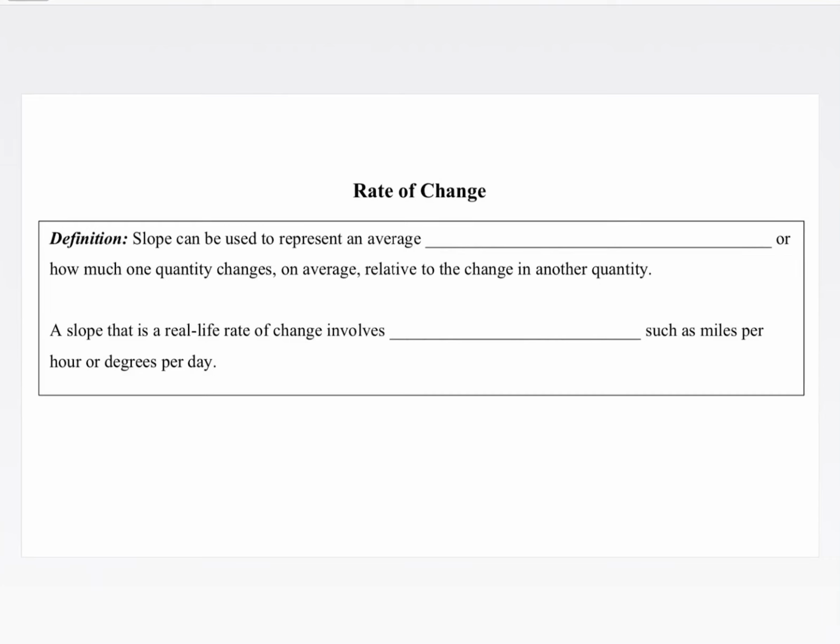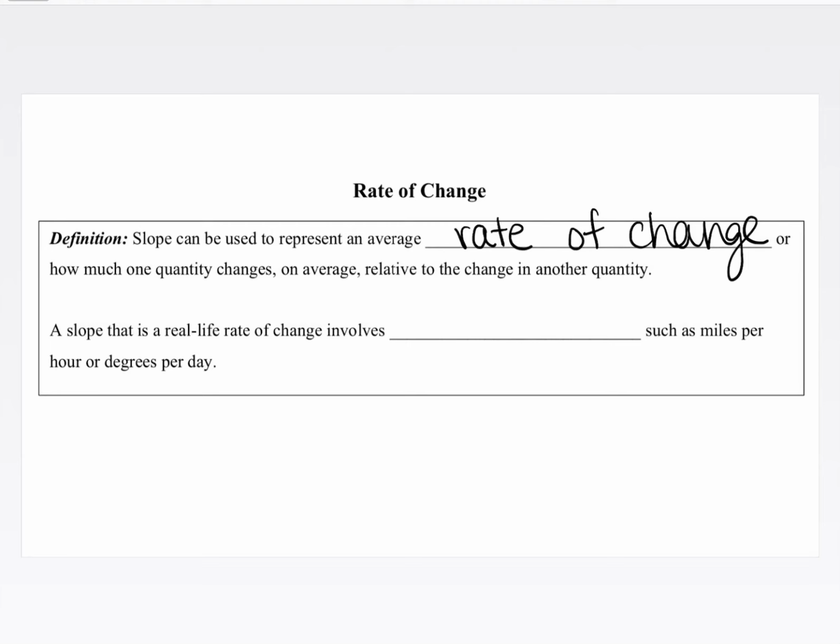Okay. Last but not least, we're going to talk about rate of change. Now, when I say rate of change here, I mean average rate of change. Later in calculus, you will learn about instantaneous rate of change, but average rate of change basically just means the slope. So if we look at the definition, slope can be used to represent an average rate of change, or how much a quantity changes on average relative to the change in another quantity, so kind of comparing the two.